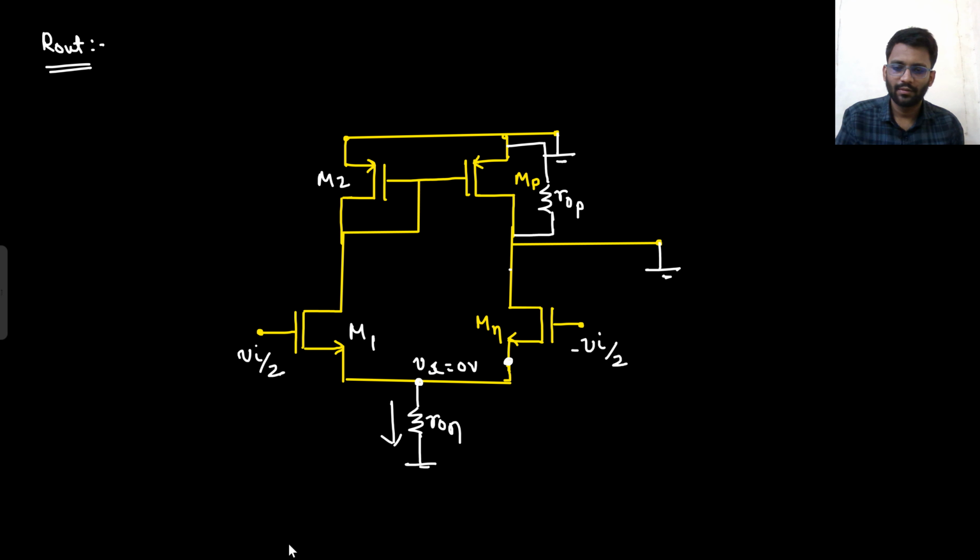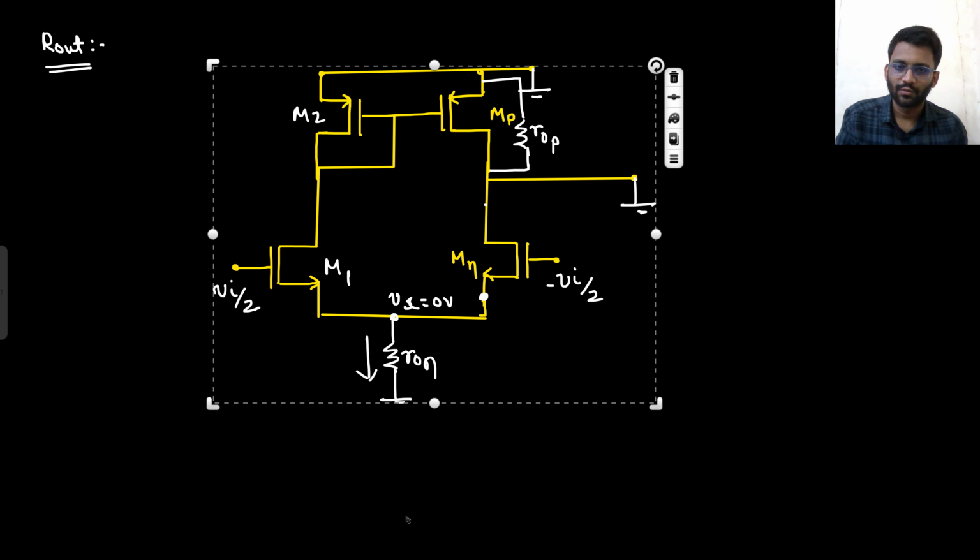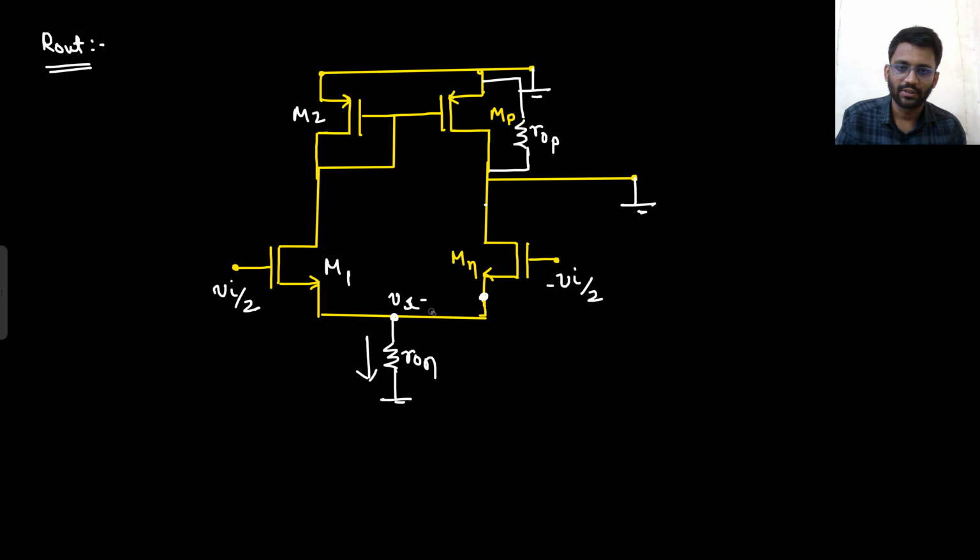Now what about output impedance? Now your target is to calculate output impedance. Rout we need to calculate, because we are finding the gain. So for finding the Rout, let's forget about this Vx equals 0, because this Vin by 2 and minus Vin by 2 will be gone. So now the equations will be completely different. Forget about this r0p and r0.